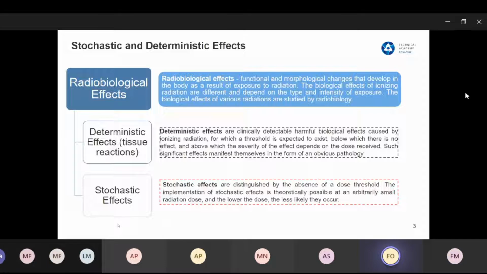Stochastic effects are distinguished by the absence of a dose threshold. It means that the implementation of stochastic effects is theoretically possible at an arbitrarily small radiation dose, and at a low dose it is less likely to occur.